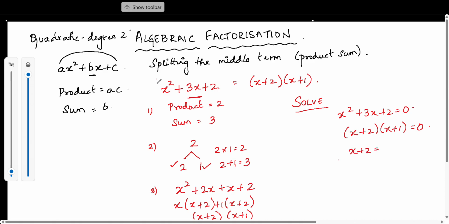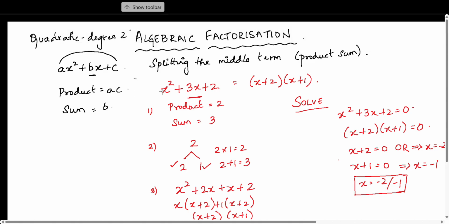Which means either x plus 2 is 0 or x plus 1 is 0. Obviously, x plus 2 is 0 implies x is minus 2. x plus 1 is 0 implies x is minus 1. So, x equal to minus 2 or minus 1 will be the solutions. This is how a factorization sum can be extended to solve.